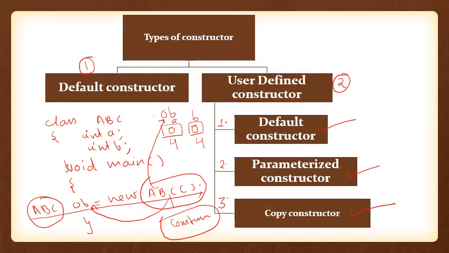For the default constructor and parameterized constructor, the detailed study of these two functions is in your syllabus, but for the copy constructor only the definition is in your course. So we will study the default and parameterized constructor in detail and only the definition of the copy constructor. So constructor is of two types, default and user defined. User defined is again divided into three categories: default constructor, parameterized constructor and copy constructor.